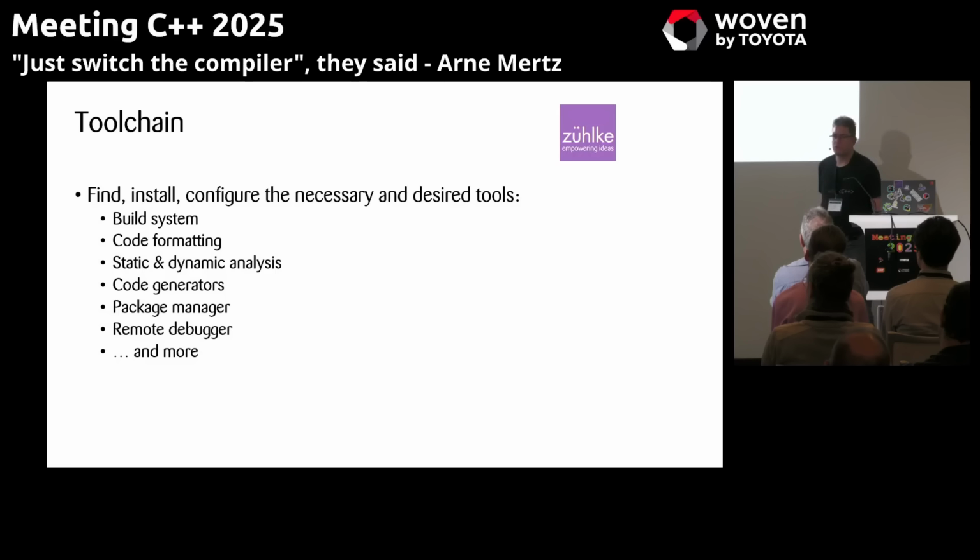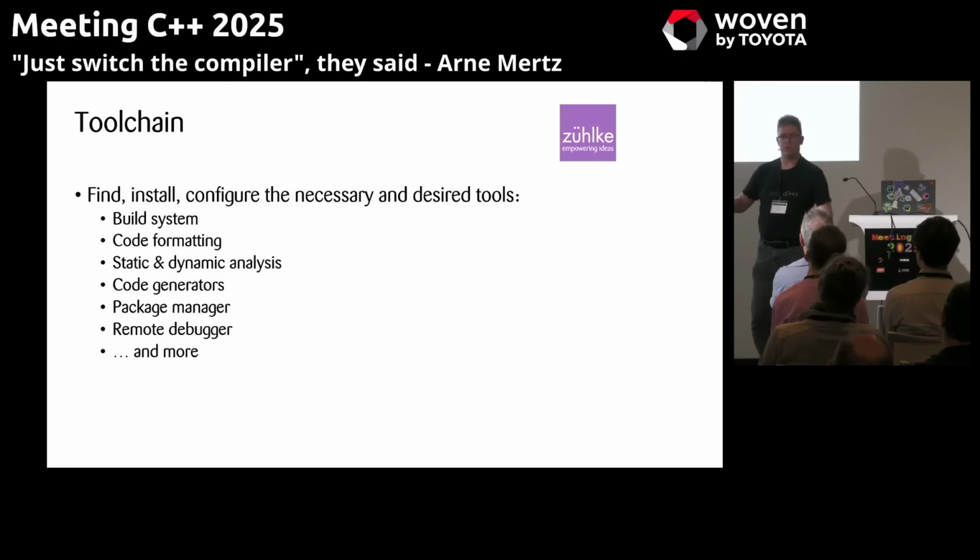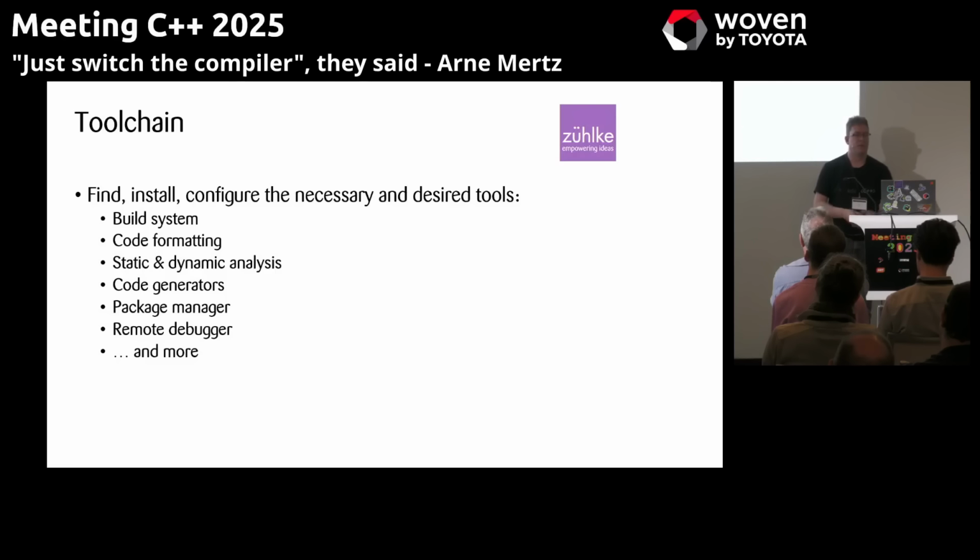If you're on a non-trivial project, then this list can get rather long. We heard Anthony this morning, you want to have all kinds of checks, undefined behavior and static analysis, and your testing suite may need support by your toolchain as well. And switching these can also involve switching those parts of the toolchain.